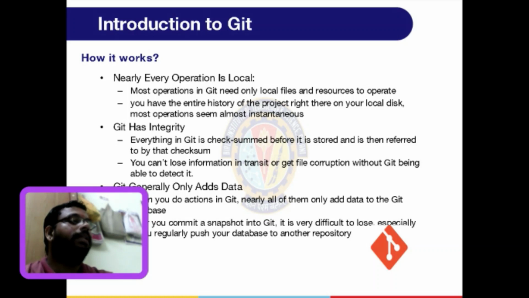Modified means that you have changed the file but have not committed it to your database yet. Staged. Staged means that you have marked a modified file in its current version to go into your next commit snapshot.